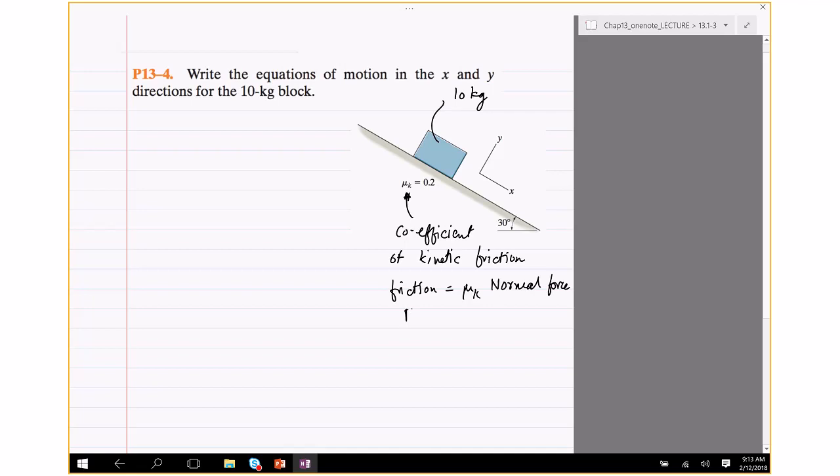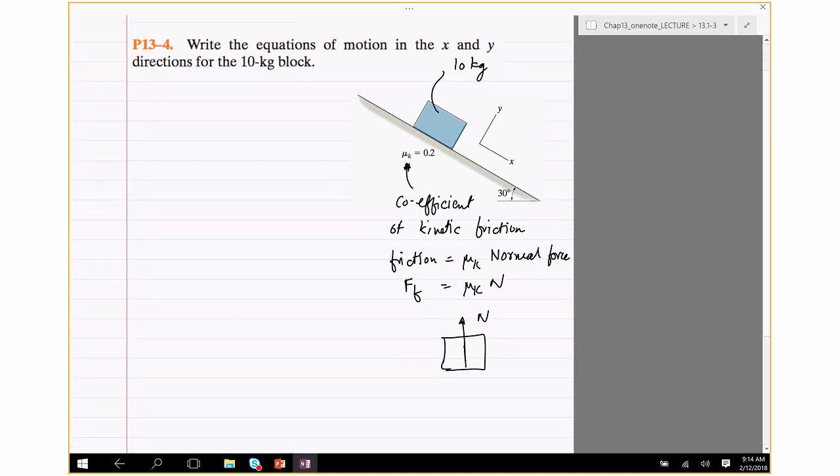So let's call the friction force Ff equals mu k times N. What that means is if there's a block, okay, N is the normal force, mg is the weight, mass times gravity, then the friction force is mu k times N.